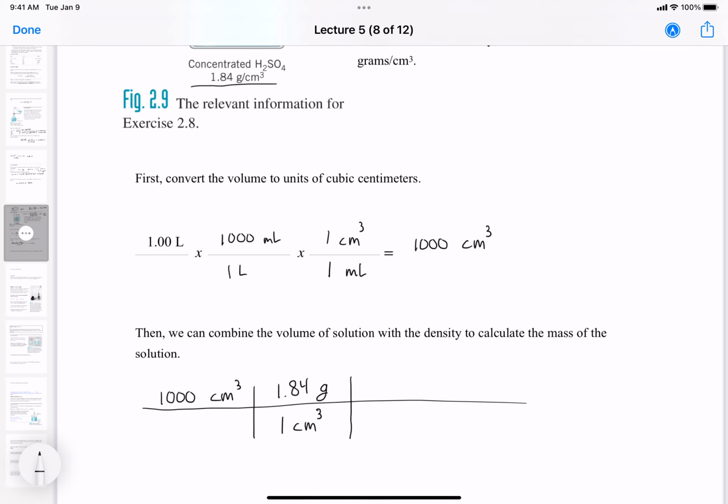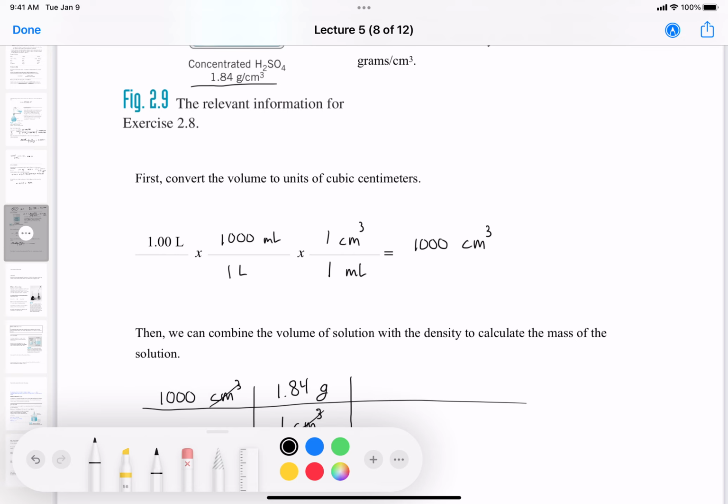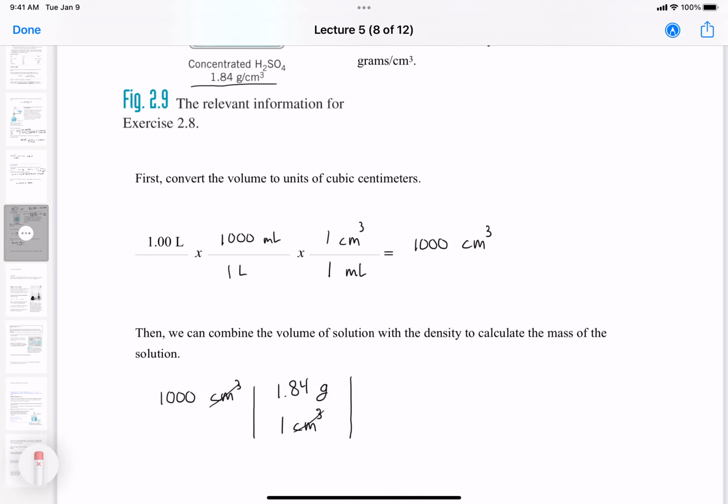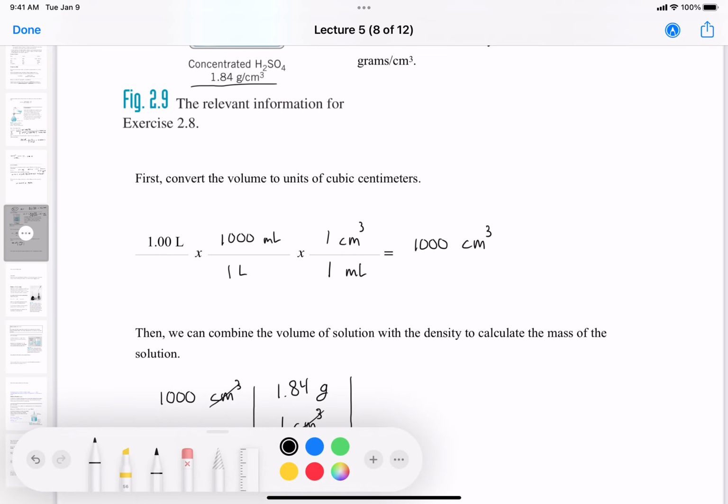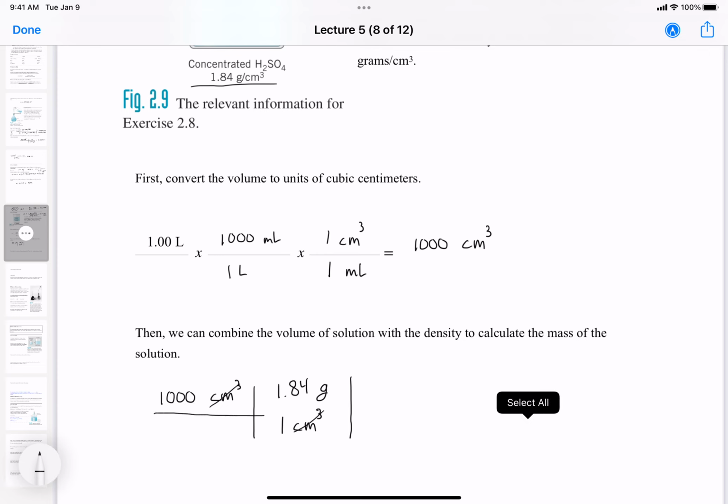So we want to arrange our conversion factor where our centimeters cubed would cancel out, so we treat them as a variable. Okay, so the centimeters cubed would cancel out, and what we get here, sorry, I should have drawn this a little bit differently.